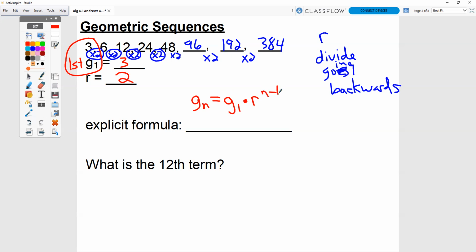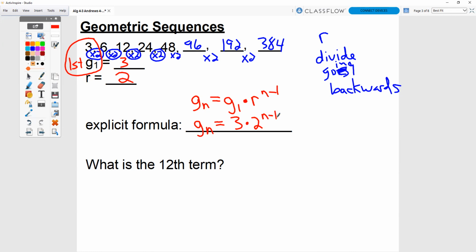So when you actually write out the explicit formula for this specific sequence, that you could use to find the 100th term or 50th term, it's going to be G sub n, the term that we want, equals the first term, which is 3, times your common ratio 2 to the n minus 1 power.